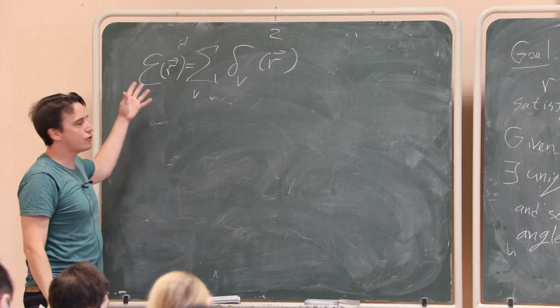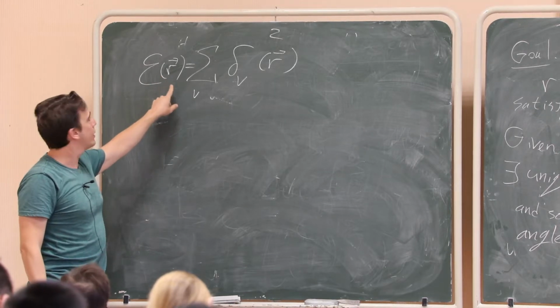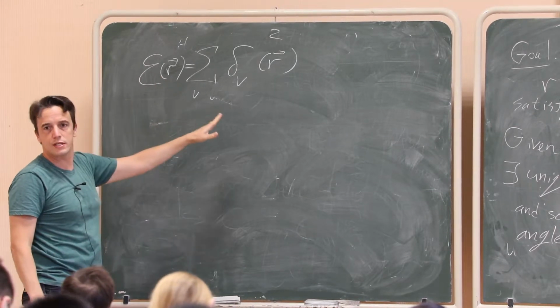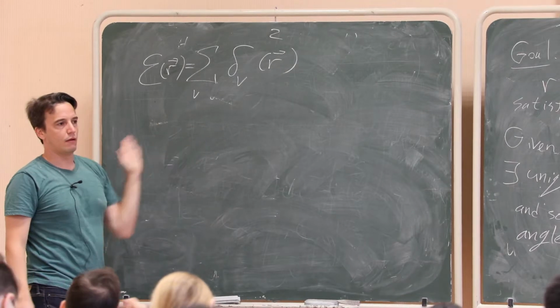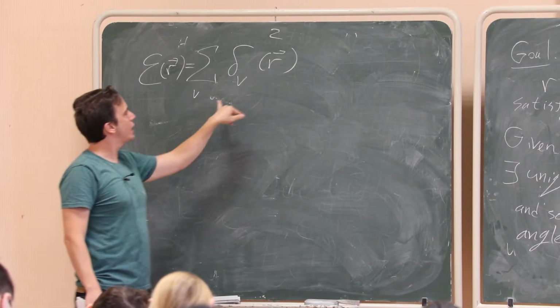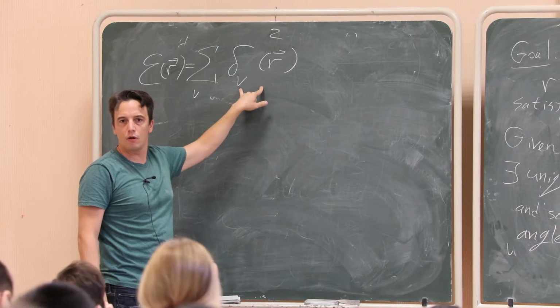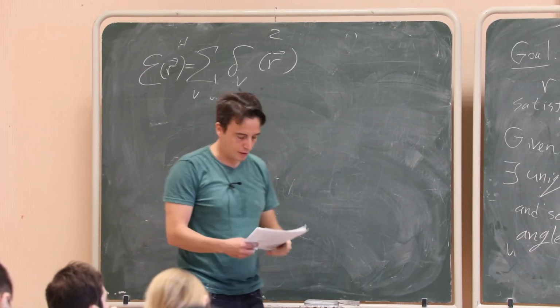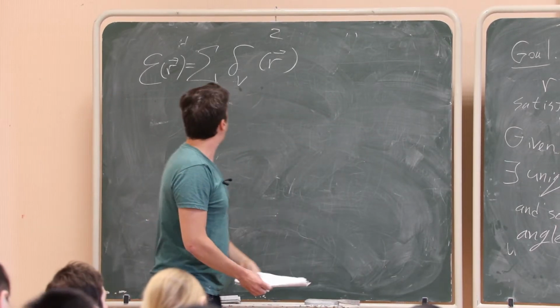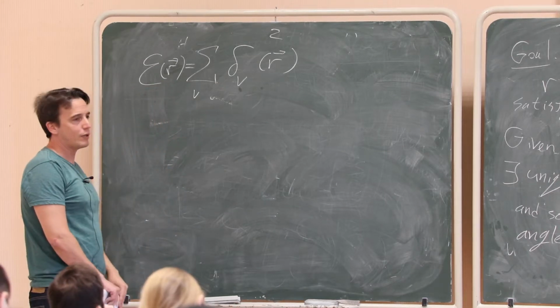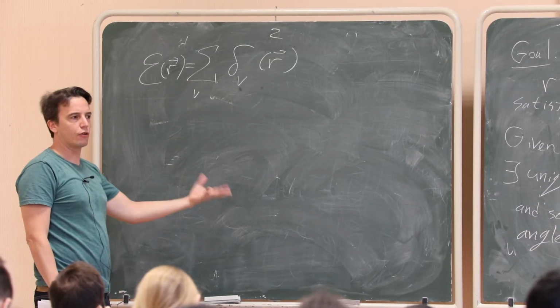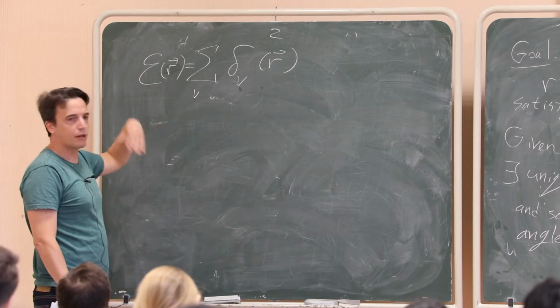So if I manage to find a vector of radii such that this quantity equals 0 precisely, then this is exactly what I want. It implies that all of these numbers have to be 0, and everything works fine. So my goal now is to present to you an algorithm that you iterate.